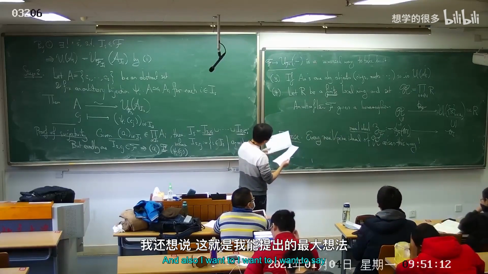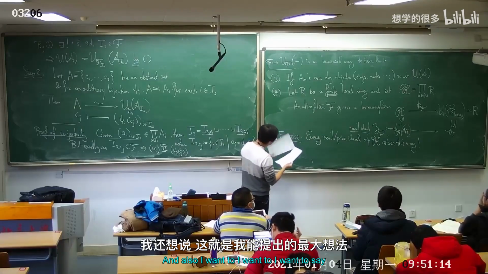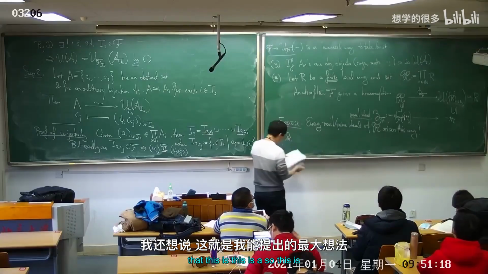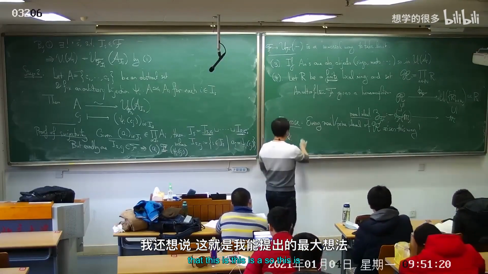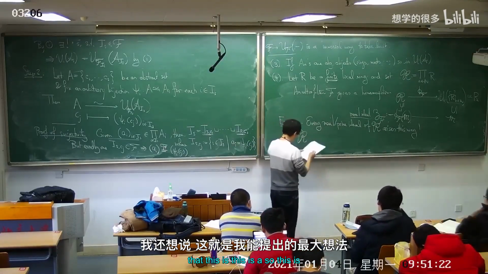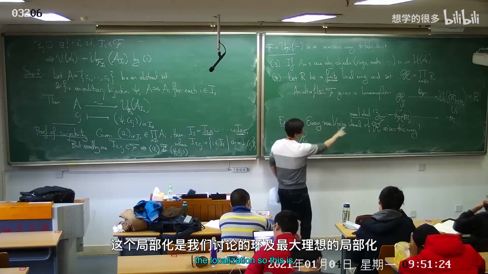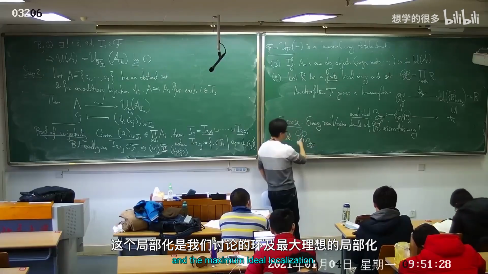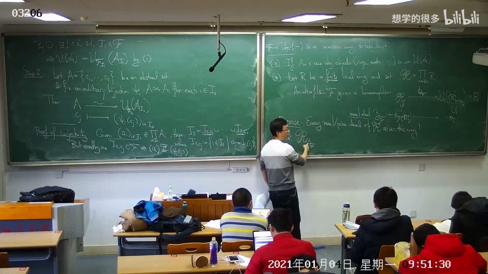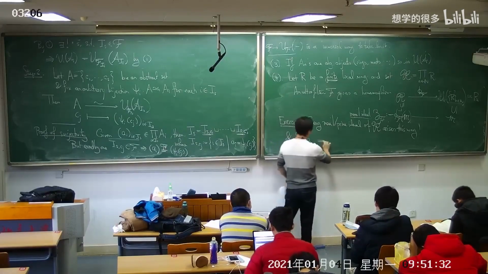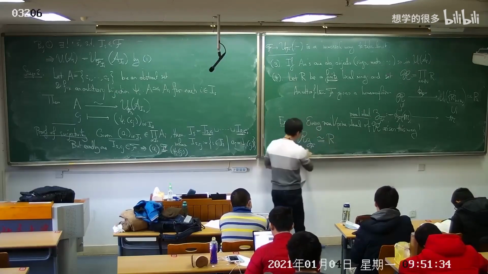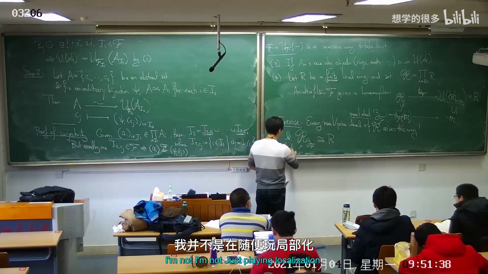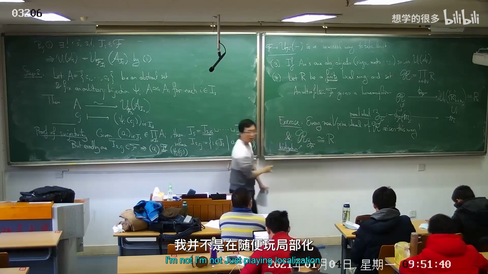And also, I want to say that this R, by local, has this maximum ideal. I can take the localization. So this is a ring and a maximum ideal, and its localization. I'm not taking any completion or anything, just plain localization.